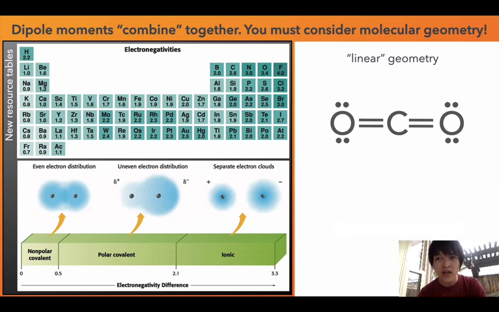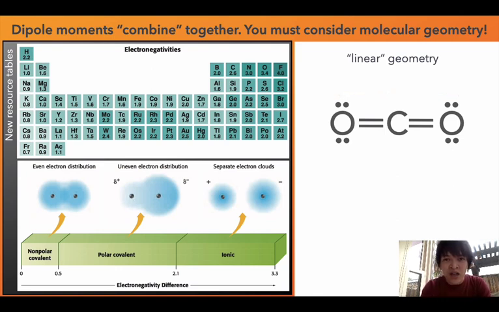For the left bond, the oxygen is hogging the electrons because it is the more electronegative atom. For the right bond, since this involves the same elements, the oxygen is hogging the electrons too on the right side. Now, since the arrows are pointing in exactly opposite directions, they will cancel out.